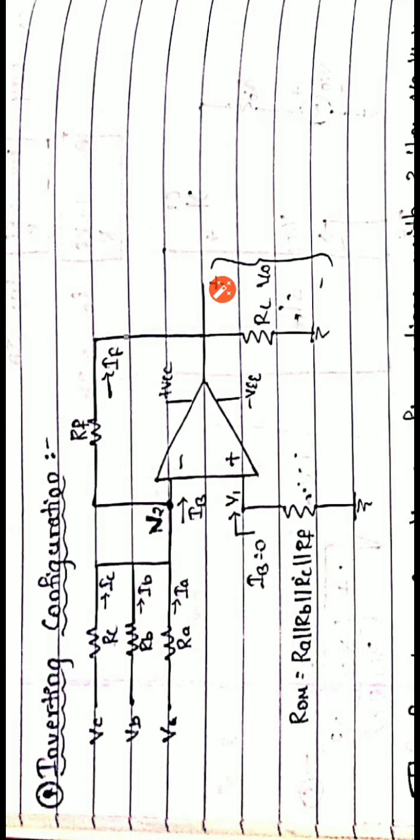RF is a feedback resistor connected from input to the output side, whereas ROM is the reflected resistance from the inverting terminal resistors, that is RA, RB, RC and RF, which are connected in parallel.